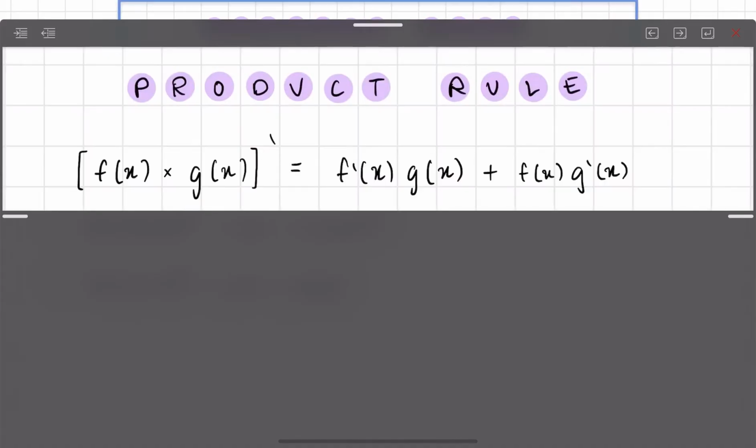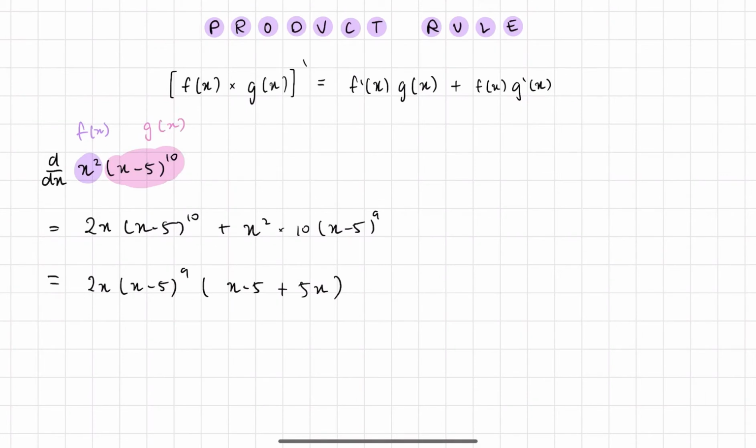Actually, whoops, this one here we can simplify. So we have 2x (x minus 5) to the power of 9, and looks like we have (6x minus 5)... Okay, that's basically how we do that question.